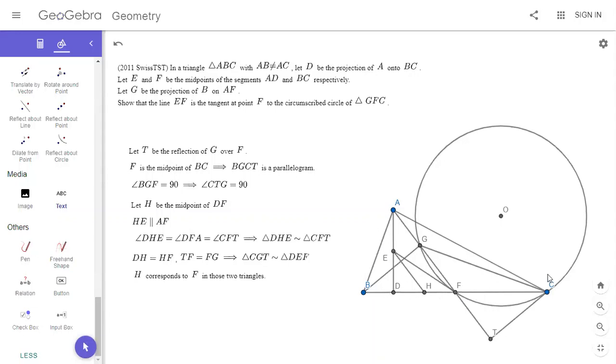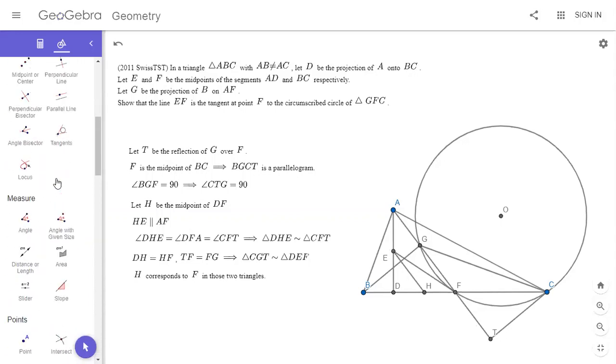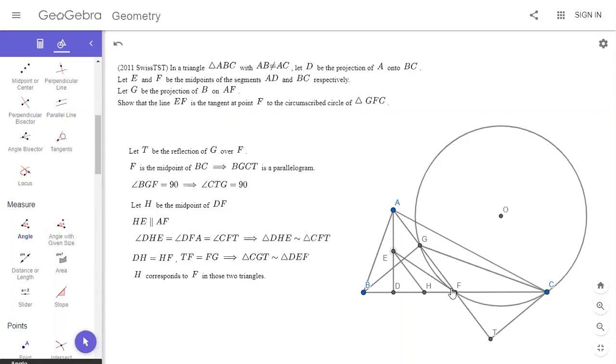DHE is DFA is CFT. So DHE is similar to CFT. So yeah, H corresponds to F. That's right.